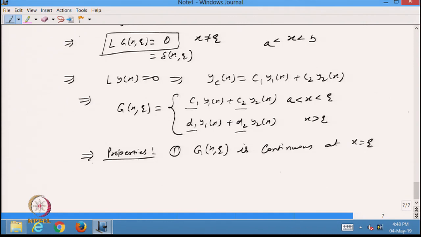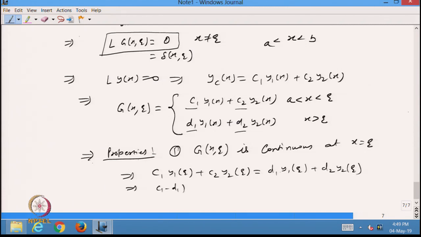So, in this case, if this is continuous at x equal to xi, from here I can say that C1 y1(xi) plus C2 y2(xi) is equal to d1 y1(xi) plus d2 y2(xi), and from here I can say that (C1 minus d1) y1(xi) plus (C2 minus d2) y2(xi) is equal to 0.